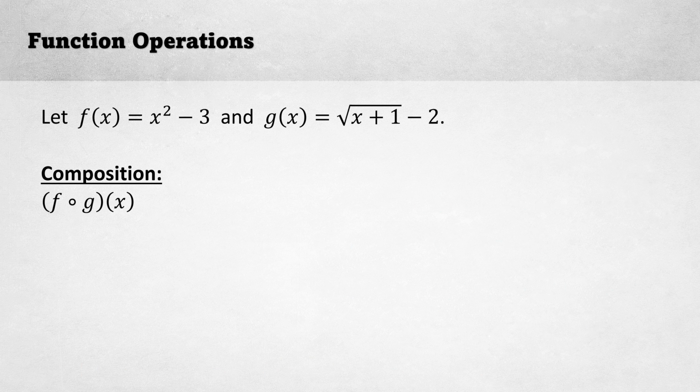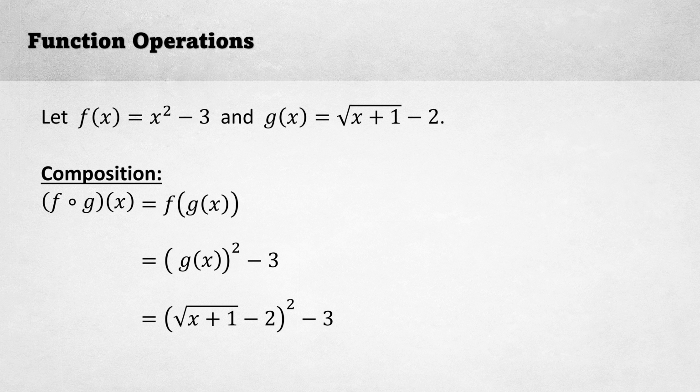The composition operation is another mathematical operation where the output of one function becomes the input of the other function. f composed onto g of x by definition means f of g of x. f takes its input and squares it and then subtracts a 3 from it. And the input of f is g of x in here.